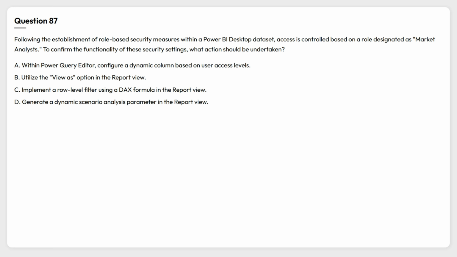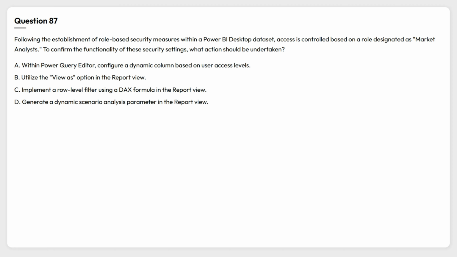Question number 87. Following the establishment of role-based security measures within a Power BI Desktop dataset, access is controlled based on a role designated as Market Analyst. To confirm the functionality of the security settings, what action should be undertaken?